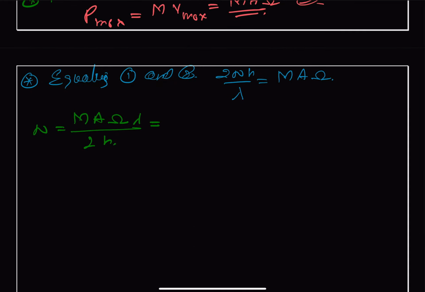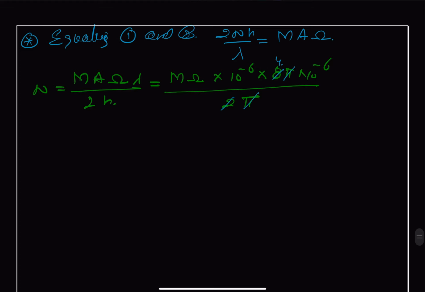This is equal to, we have here M omega, A is our 10 to the power minus 6, lambda is our 8 pi into 10 to the power minus 6 divided by 2 h. Here pi cancels, and this goes by 4.